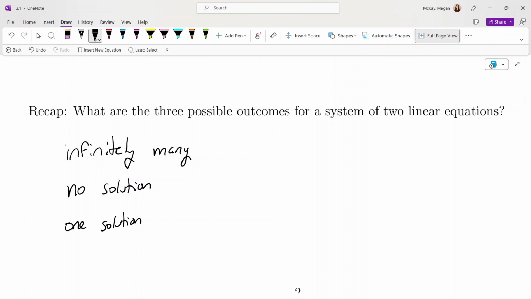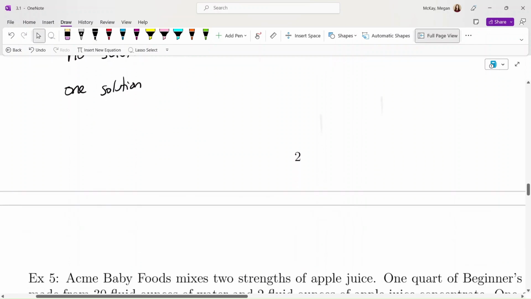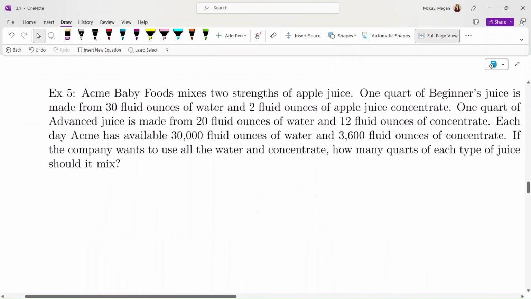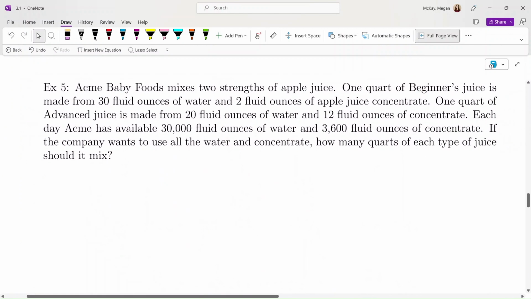Alright, so now let's take a look at how we can use this knowledge on solving systems of equations and apply it to some larger word or application problems. So let's go ahead and read through example 5.